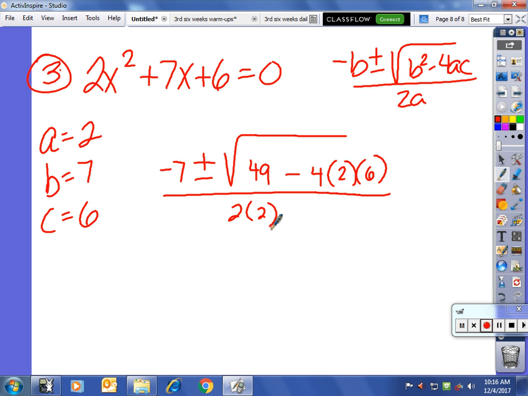If you don't want to have to keep writing it over and over, I make a lot of space underneath my radical symbol so I can keep simplifying underneath the radical sign.